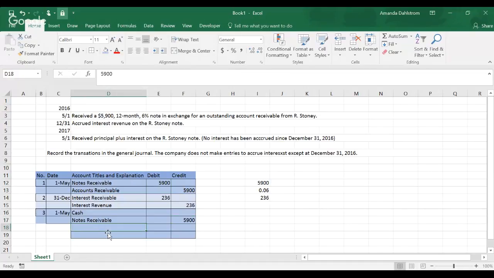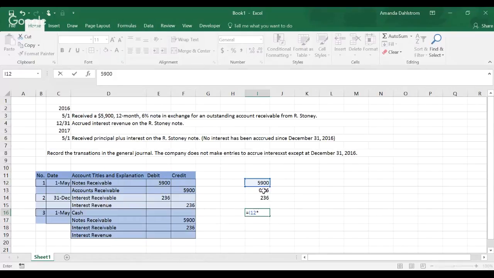Next is going to be the interest receivable that was accrued over here on December 31st. So that's the 236. And finally, you're going to have interest revenue. And to calculate that, what we're going to do is we're going to find out what the total amount of interest needed, which is going to equal the $5,900.